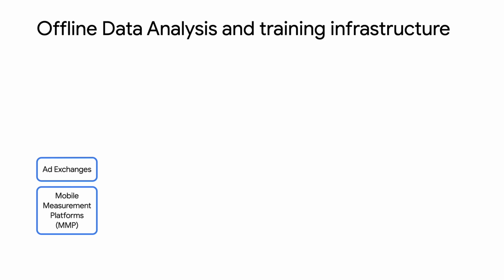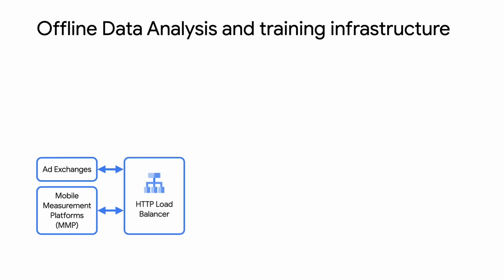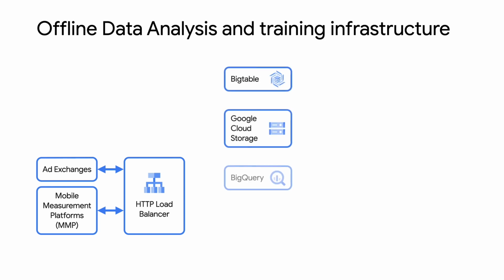All this huge amount of data arrives at our infrastructure through GCP's load balancer, and then we store it in BigTable. Sometimes the raw data goes in GCS, because sometimes we have to replay it, and if it's very structured and needs to be handled by our data scientists, we also store some of it in BigQuery.